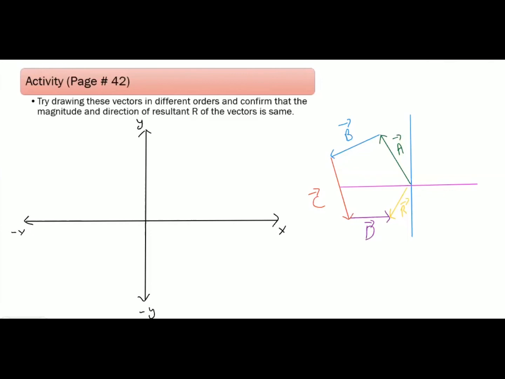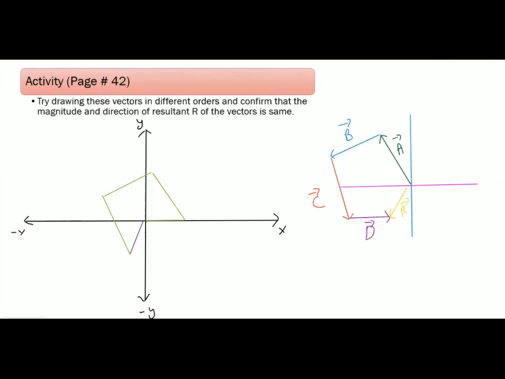So now let us draw the vectors starting from the vector D. So first of all, we draw vector D from the origin, and then we will add vector A to vector D. Then we will add vector B, then vector C, and hence we will draw the resultant from the origin to the head of the last vector.